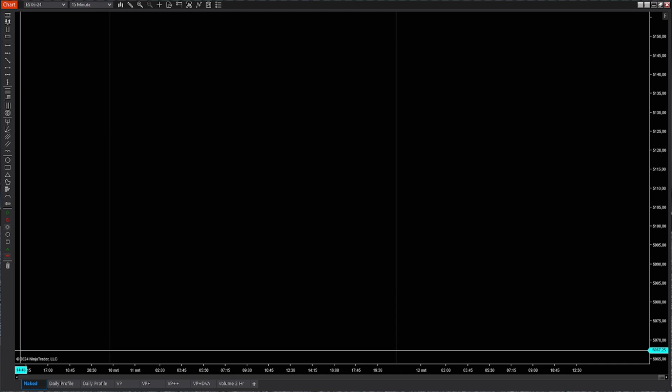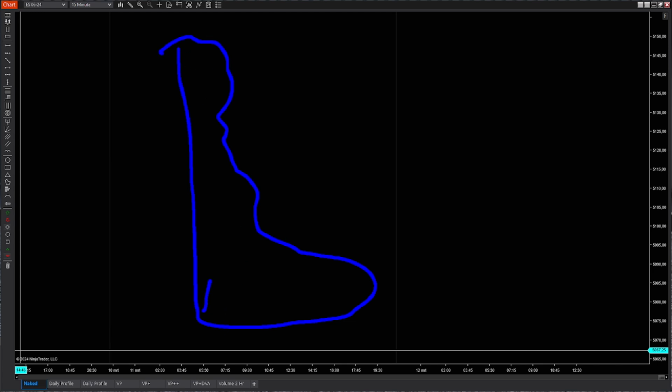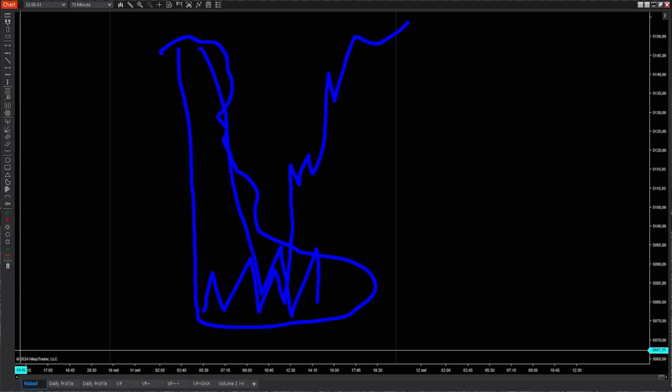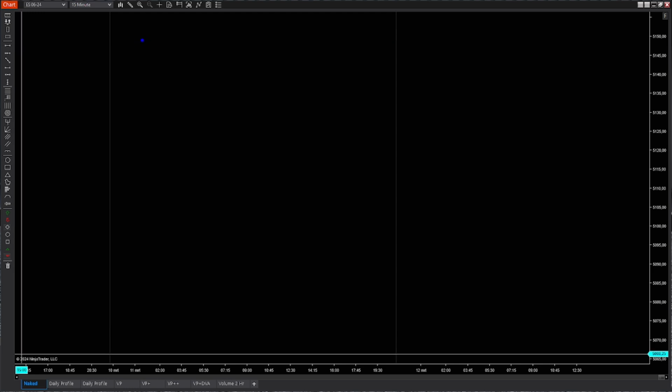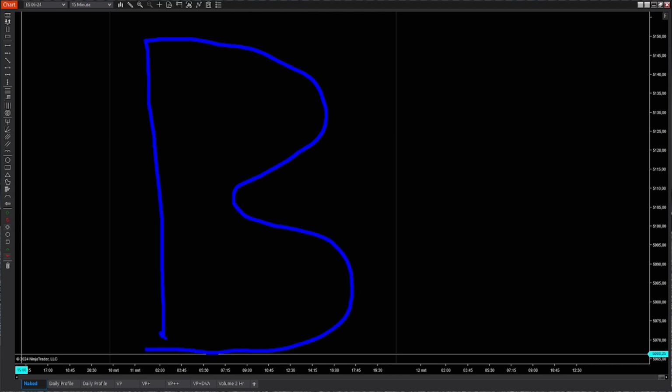We will dive deeper into this in a minute, no worries. And then we have a B profile, and it's shaped a little bit like this. Same thing. Price has ranged here, it's gone up, or price has come down and starts ranging here.